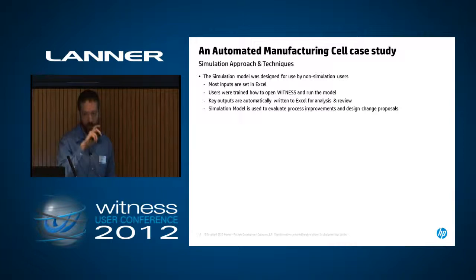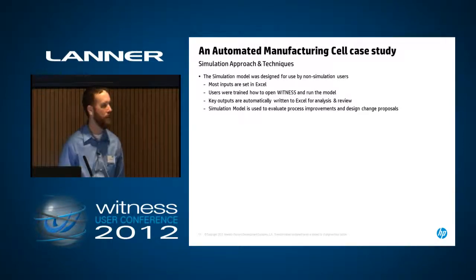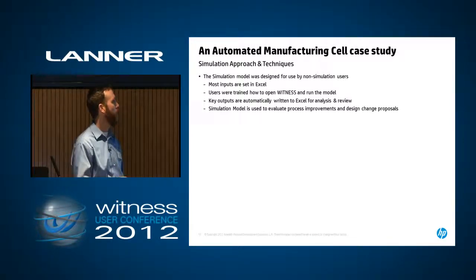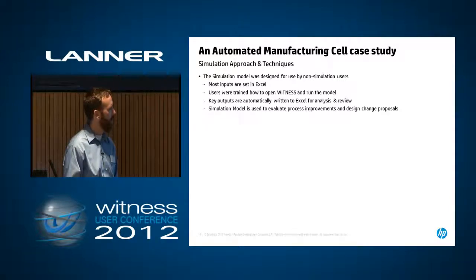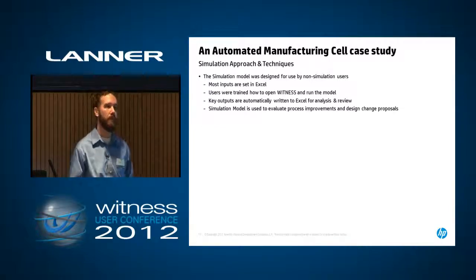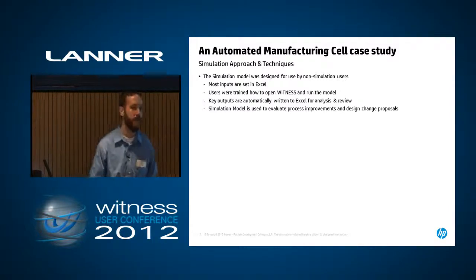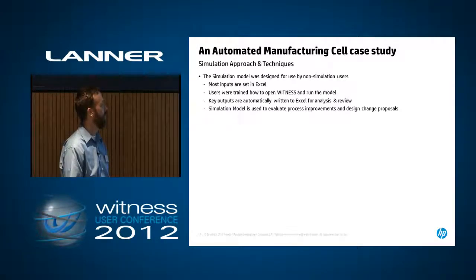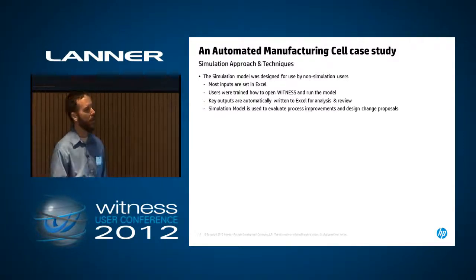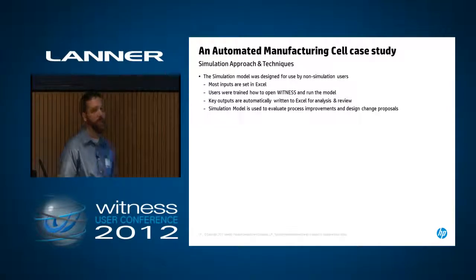So a couple of things that were very handy in building this. First one is named ranges. I think I have in the hundreds of inputs from Excel into Witness, so I think it was vital that I use named ranges. There's a couple of benefits here. One is it allows for meaningful Excel ranges.